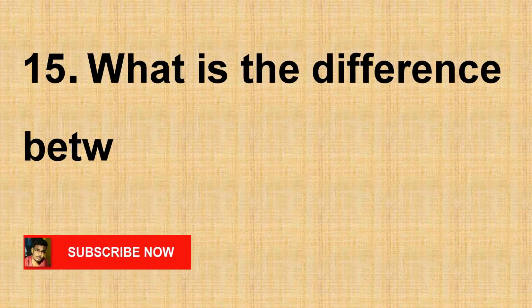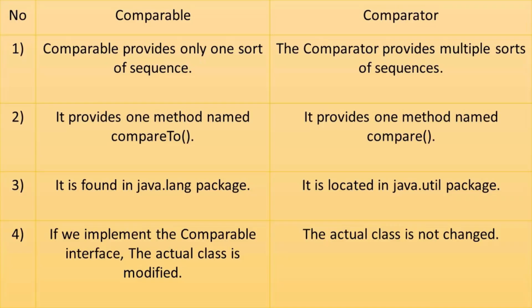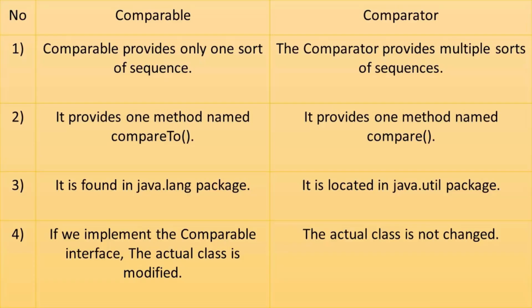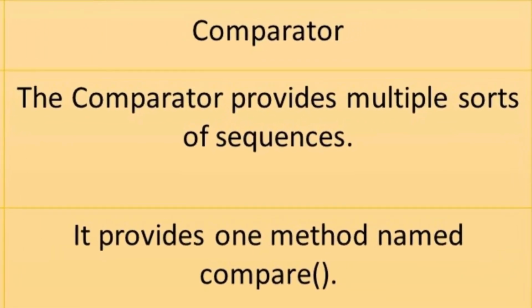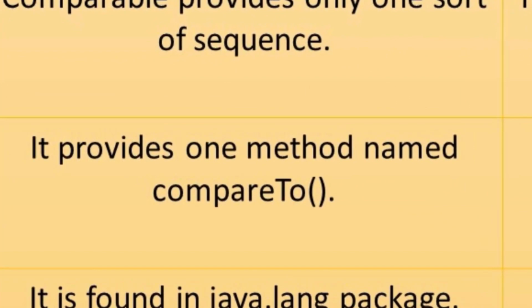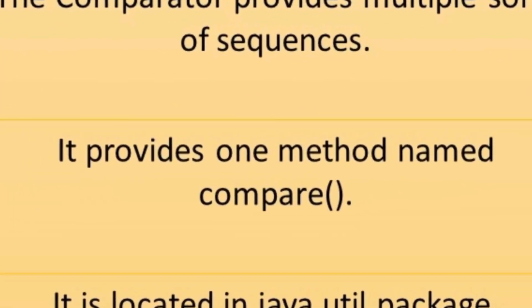What is the difference between comparable and comparator? Comparable: Comparable provides only one sort of sequence. Comparator: The comparator provides multiple sorts of sequences. Comparable: It provides one method named compareTo. Comparator: It provides one method named compare.